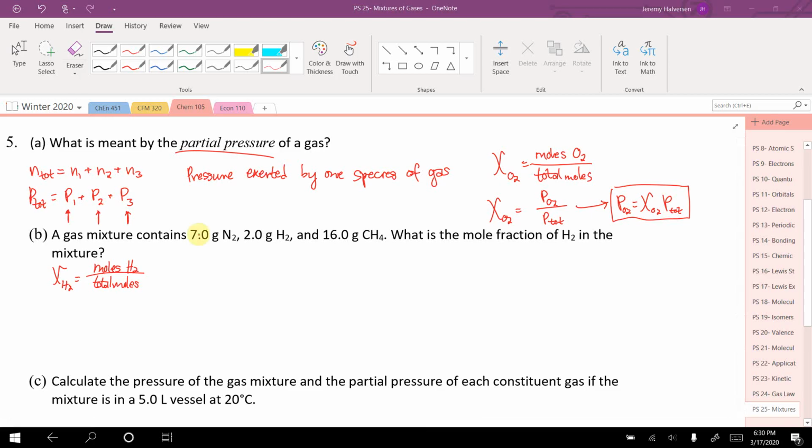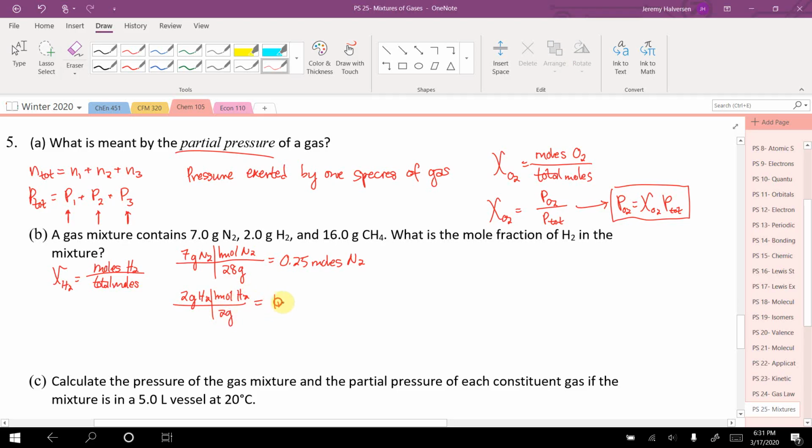Well, they give me grams. I need to get to moles. So I know that I have 7 grams of nitrogen, and I know that 1 mole of N2 is 28 grams. So I have 0.25 moles of nitrogen. I have 2 grams of hydrogen. 1 mole of hydrogen is 2 grams.